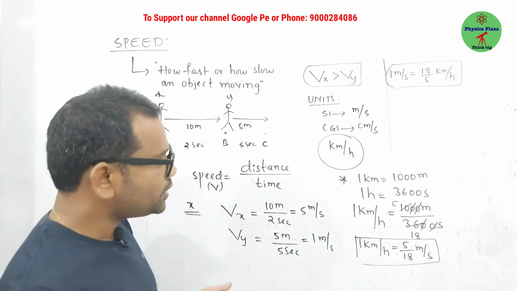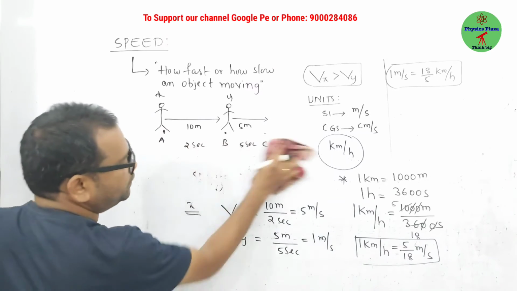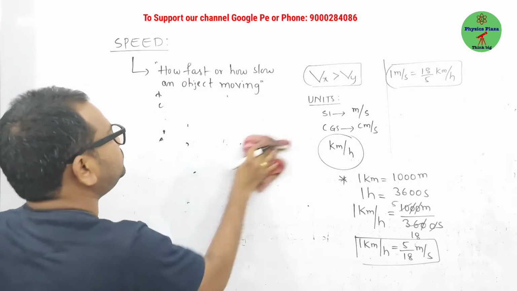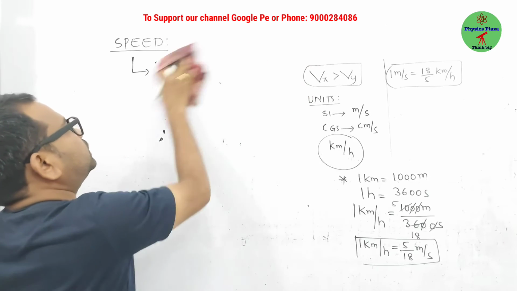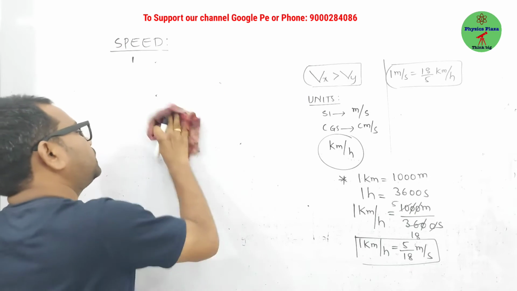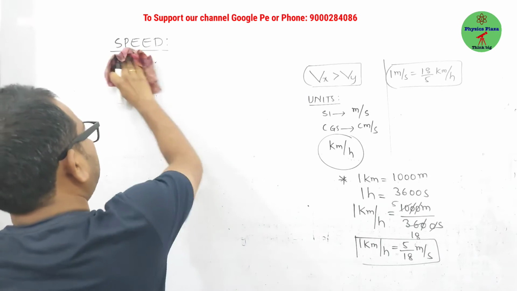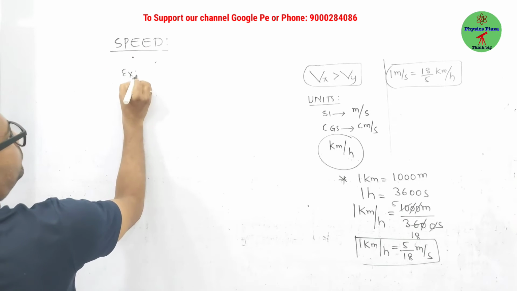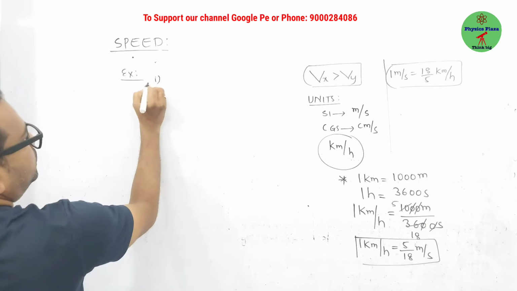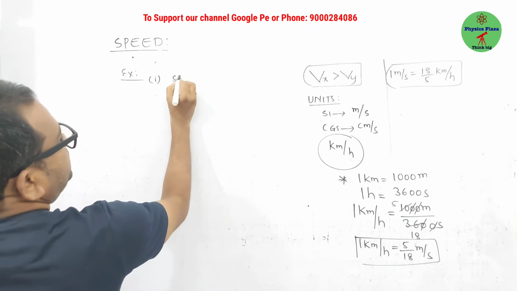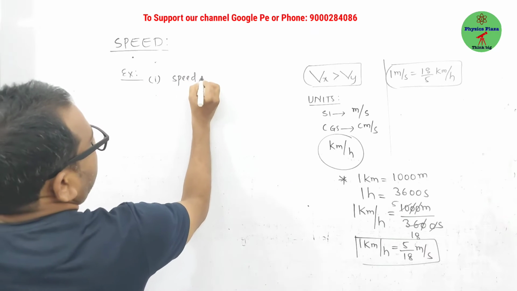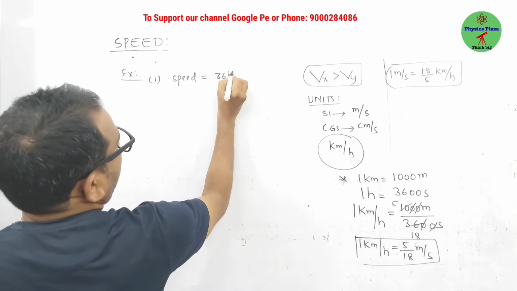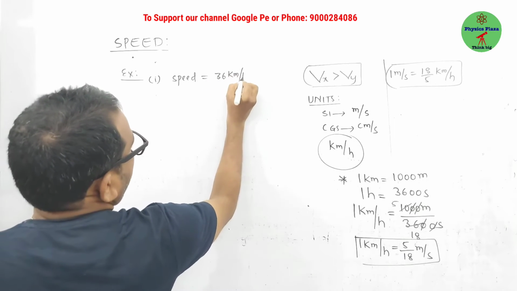Shall I erase this? 1, 2, 3. Go. Yes, I'll do it very fast. Look at it. Example 1. Speed is given as 36 kilometer per hour.